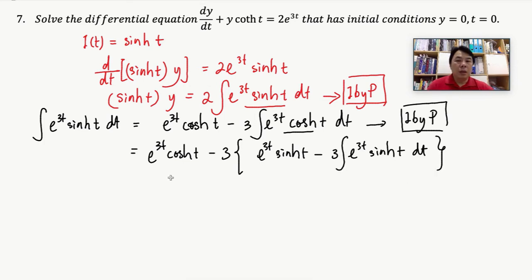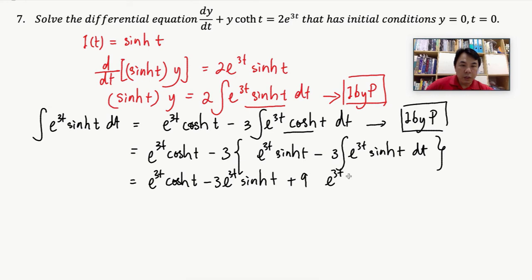Alright, now that's how it looks like. If I simplify that, that would basically look like e^3t cosh t minus 3e^3t sinh t, and then of course don't forget I have a 9 here, 9e^3t sinh t dt. Right. Now that's what I'm getting at this point here.